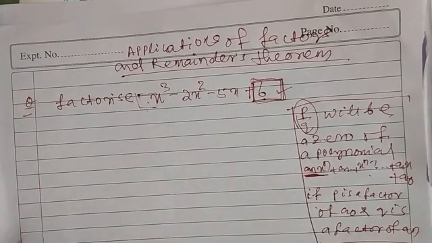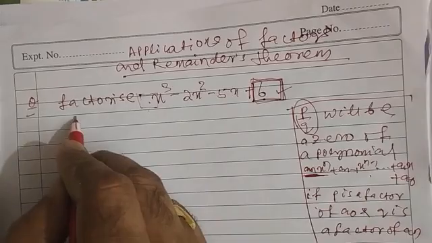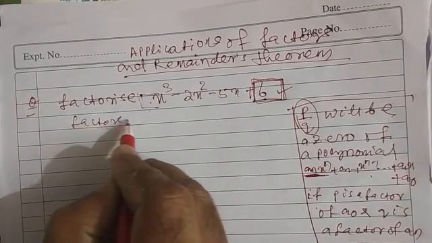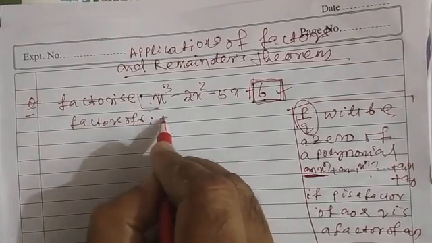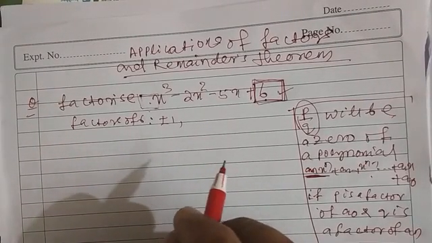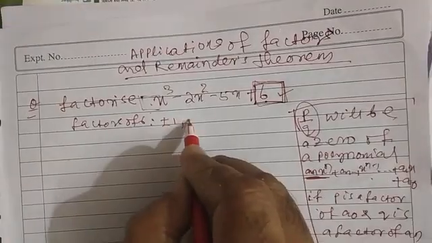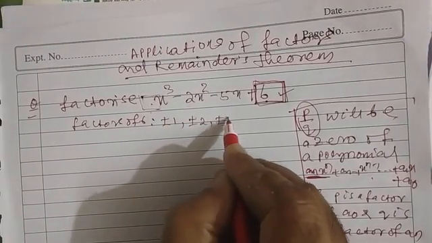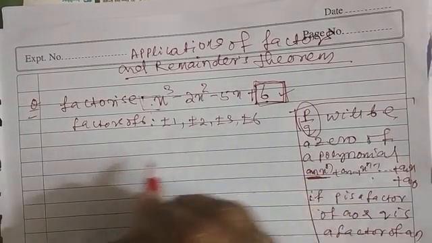What are the factors of 6? Plus minus 1. I will take them with sign. We will write with sign: plus minus 2, plus minus 3 and plus minus 6.